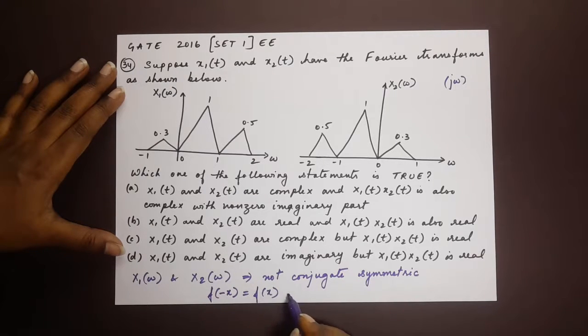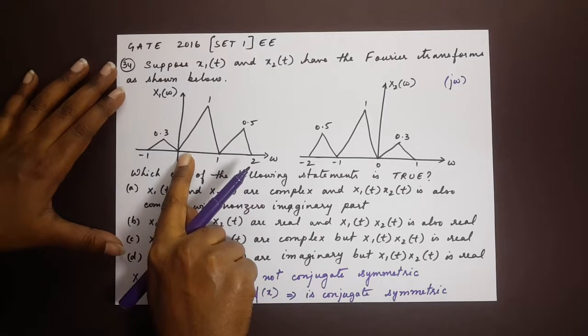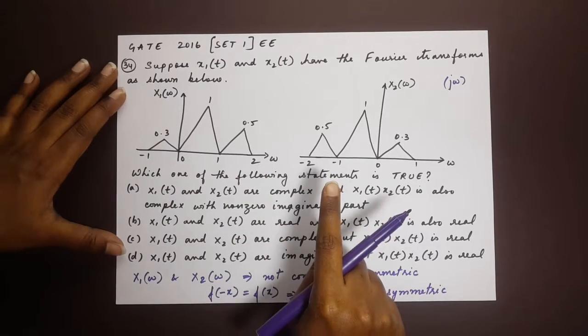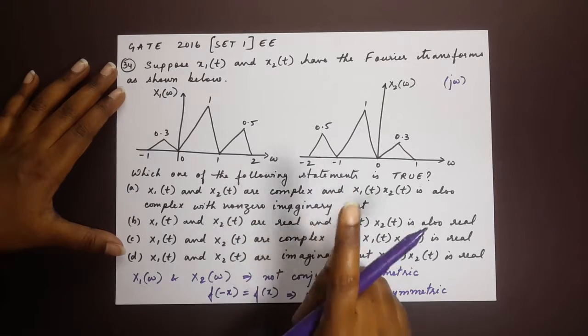When this is obtained, it is conjugate symmetric. Because f of minus x is not equal to f of x here, these two, when they are flipped over, are not conjugate symmetric. So therefore the signal will not be real.